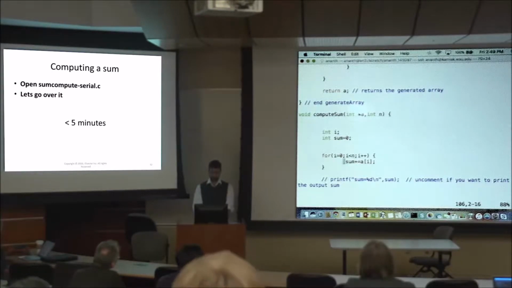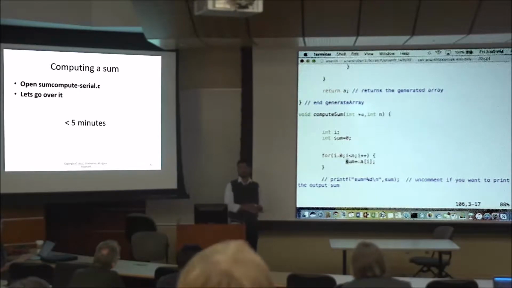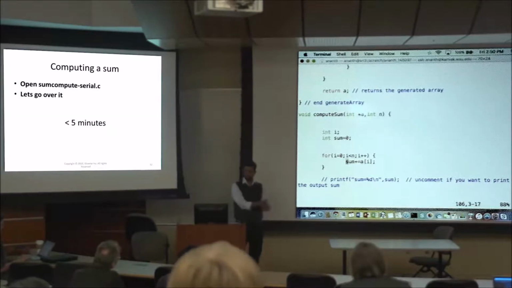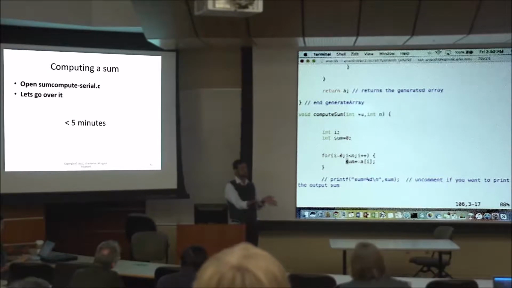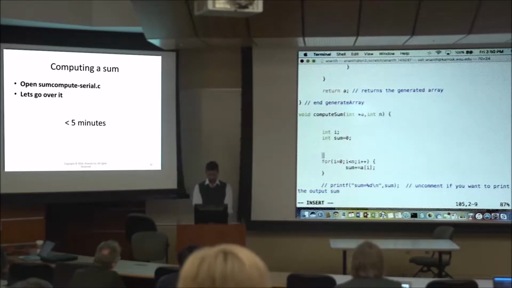So I want to identify what is it that I'm trying to reduce. The output variable coming out of the sum is this variable called sum, right? So that's what I want to reduce to. So I want to just tell the OpenMP system, help me reduce this. So what I do is, we'll have to insert the OpenMP pragma. So I think, did we modify this?